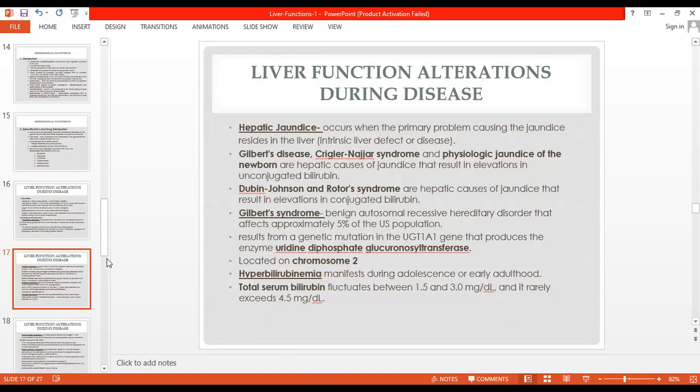The UGT1A1 promoter contains the sequence TA6TAA. The insertion of an extra TA in the sequence, as seen in Gilbert syndrome, reduces the expression of the UGT1A1 gene to 20 to 30% of normal values. That is, the liver's conjugation system in Gilbert syndrome is working at approximately 30% of normal.